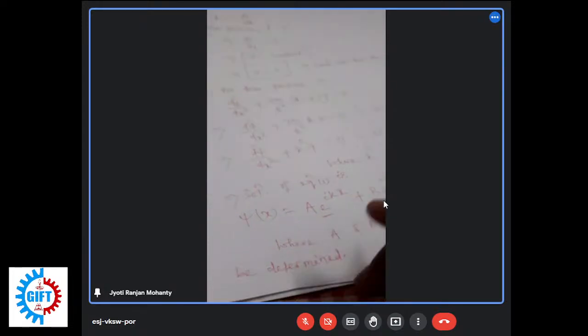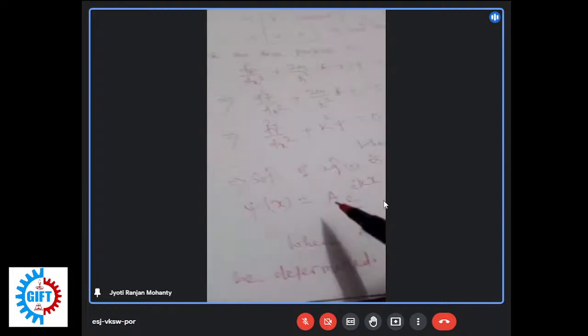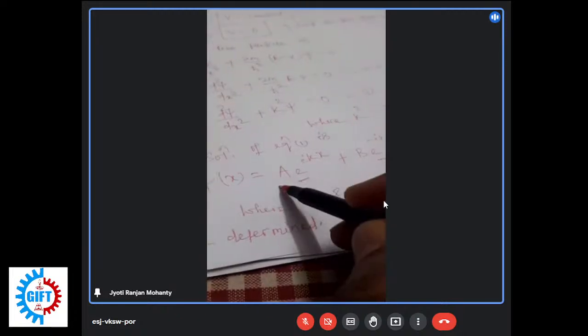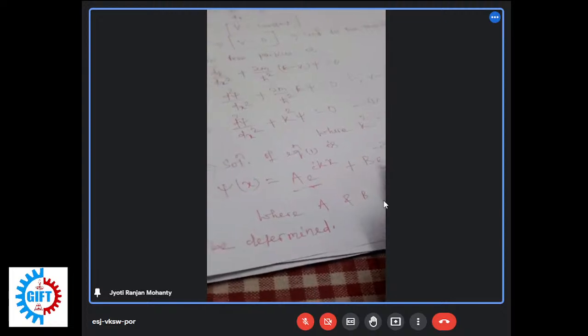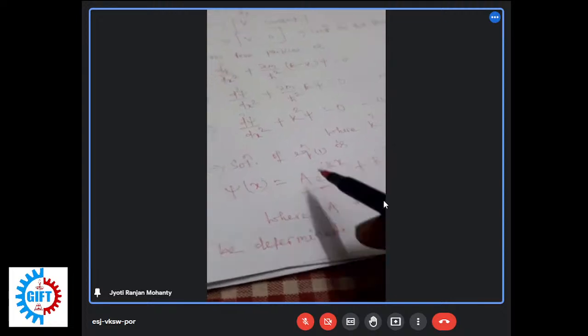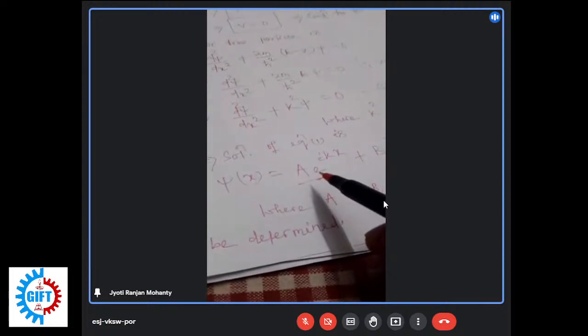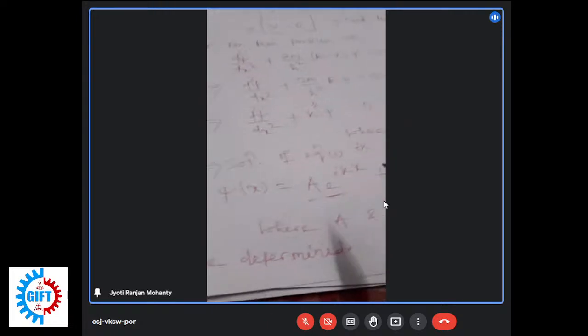So now look here, the solution gives you two parts. This is your first part, this is the second part. The first part is known as a plane wave moving along the positive x-axis.